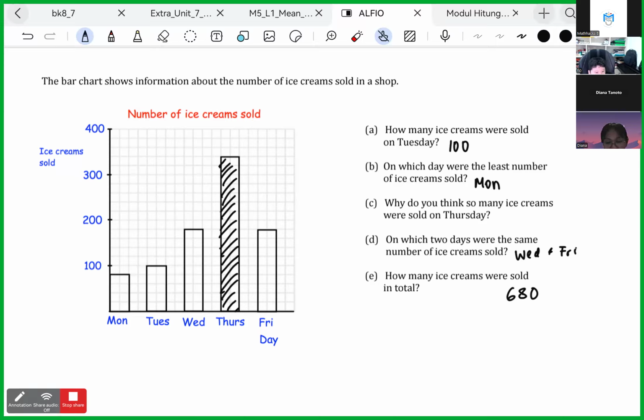Okay, on which 2 days were the same number of ice cream sold? Okay, Wednesday and Friday, betul. How many ice cream were sold in total?